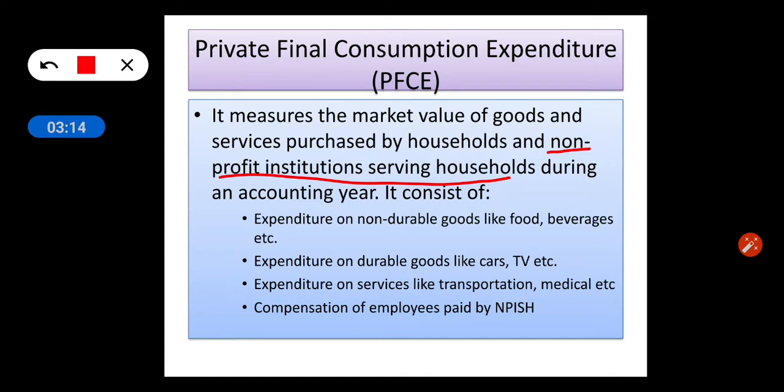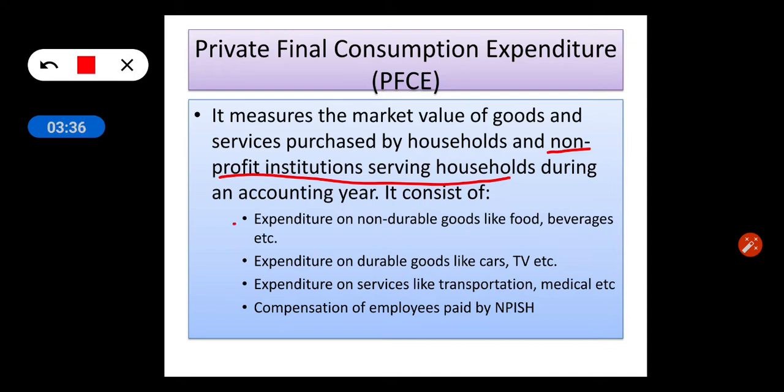Examples include churches, religious societies, sports and other clubs, trade unions, and political parties. So the expenditure incurred by households and non-profit institutions serving households on the purchase of goods and services is your private final consumption expenditure.